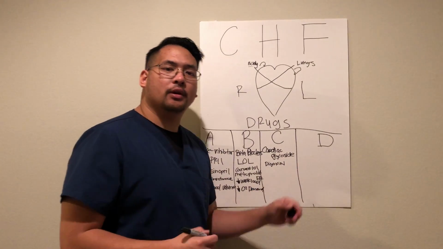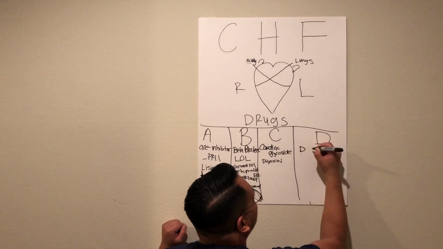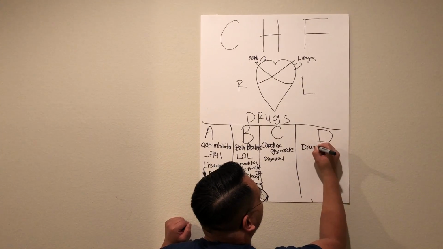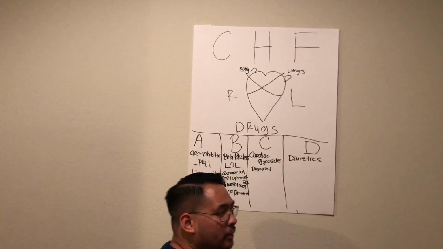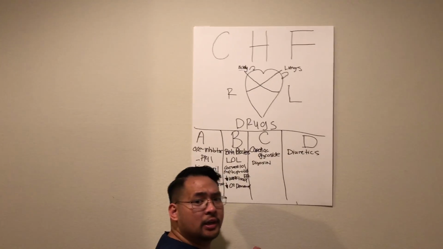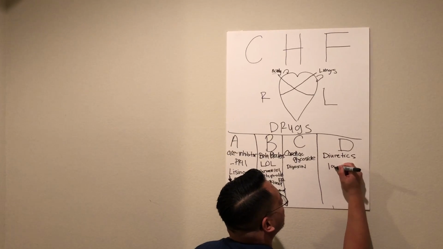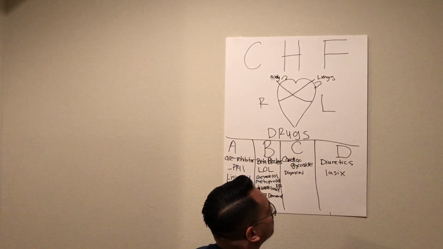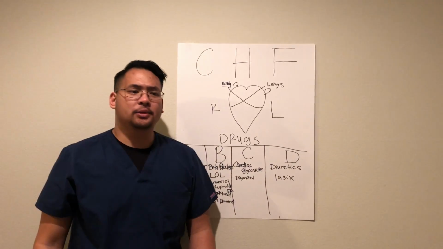D, what does D stand for? D is diuretics. The common diuretic we use for mild to severe CHF is Lasix, or loop diuretic. Okay, so what do diuretics do?